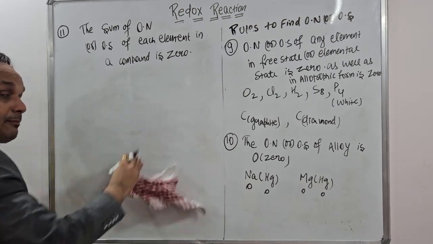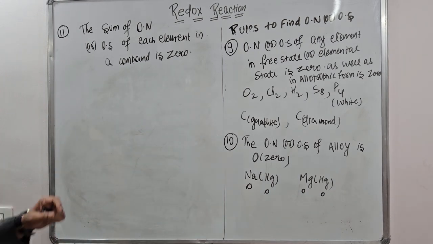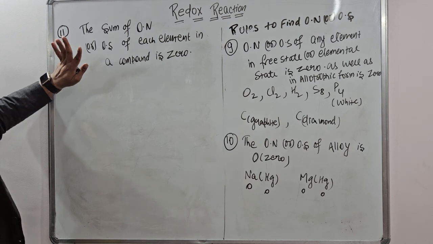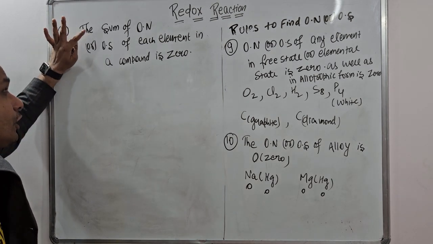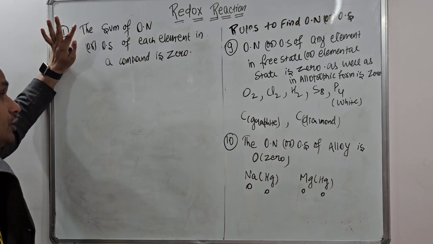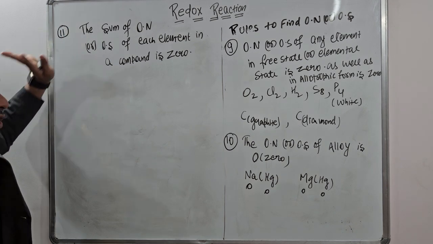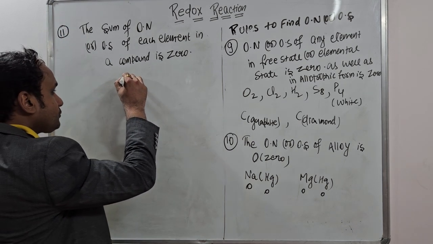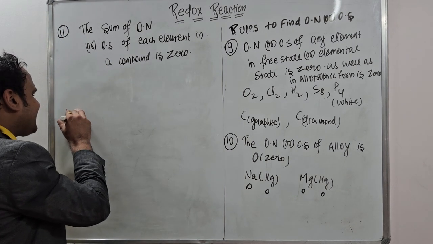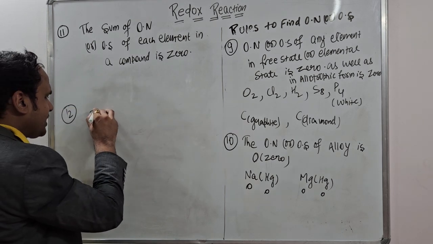I will take another example because I have not written about nitrogen. Don't get worried about that. I will tell you: the sum of the oxidation number or oxidation state of each element in a compound is 0. Or one point I will add, then it is easy to make you understand. Just wait.